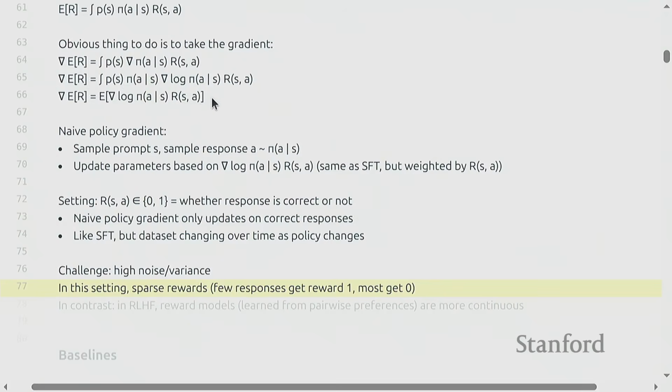If your policy is so bad that you're not able to get rewarded at all, then guess what? You're not making any gradient updates and you're stuck. That's a pretty bad setting to be in. In supervised learning, you're guaranteed to make an update towards something, but in reinforcement learning with sparse rewards, that's not true anymore.